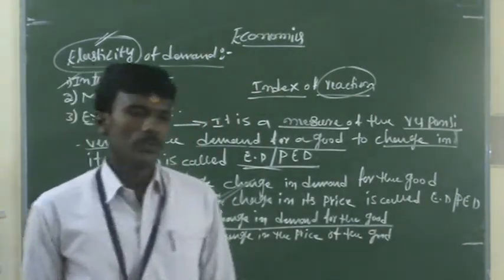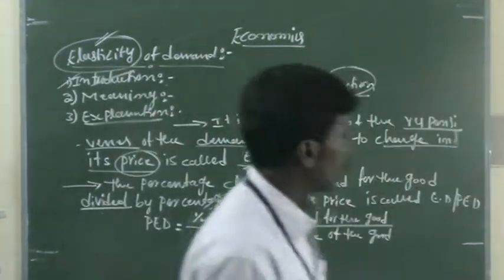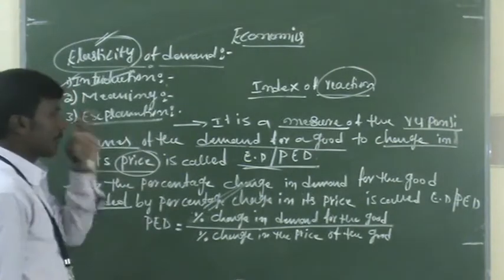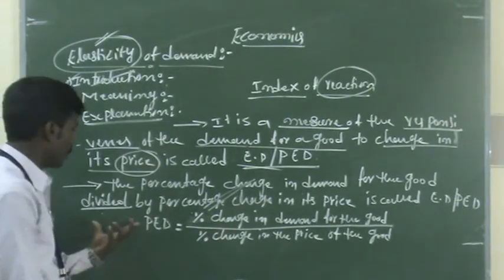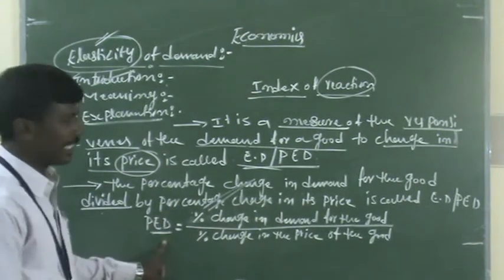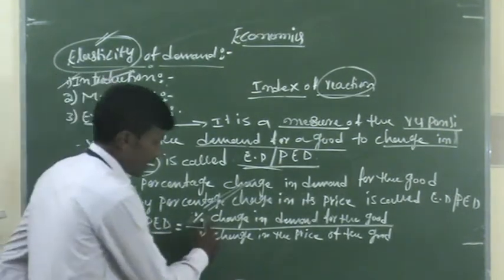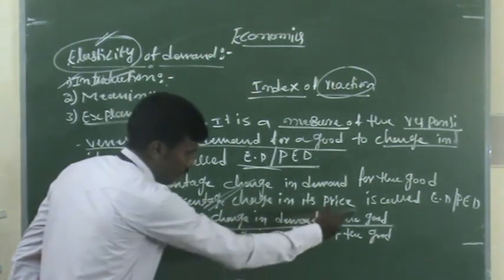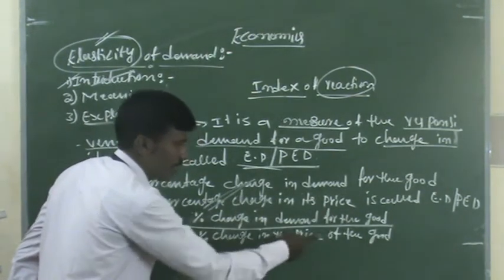See, now the concept of the PED or the price elasticity of demand, we are going to represent through the equation. That is, PED equals the percentage change in the demand for a good divided by the percentage change in the price of the good.